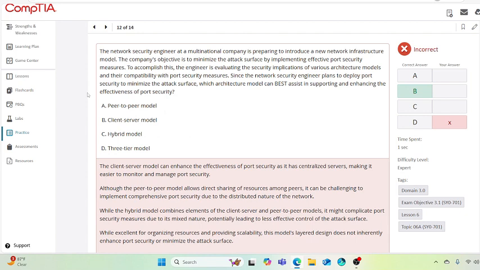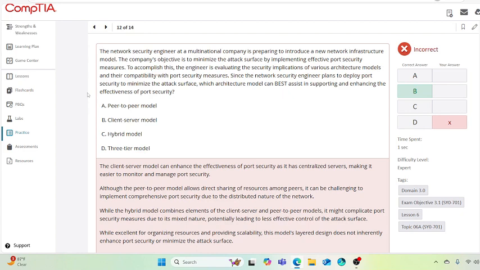The network security engineer at a multinational company is preparing to introduce a new network infrastructure model. The company's objective is to minimize the attack surface by implementing effective port security measures. To accomplish this, the engineer is evaluating the security implications of various architecture models and their compatibility with port security measures.